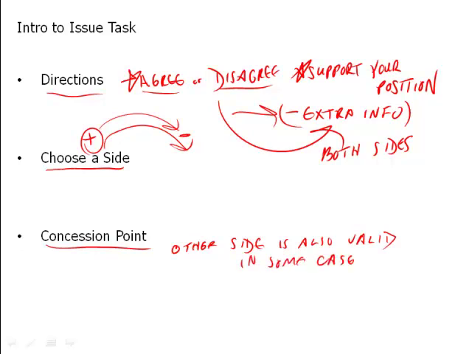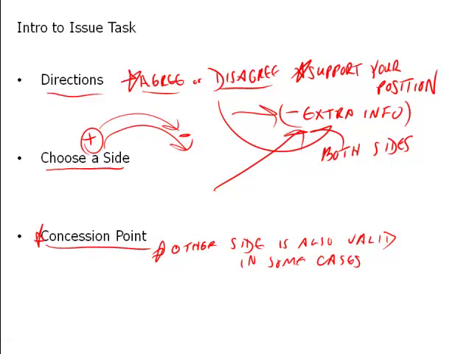Again, do this even if the extra directions do not explicitly call for it, because the GRE likes you to think analytically, and when you can think of the other side of the issue that you're debating, it shows that you are an analytical thinker. So again, concession point here is very important.